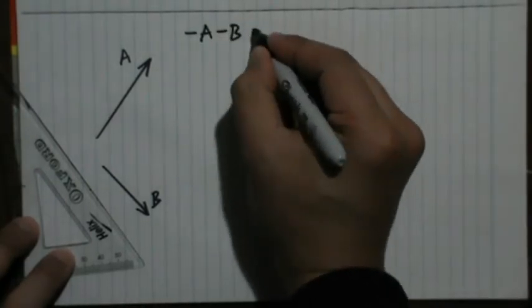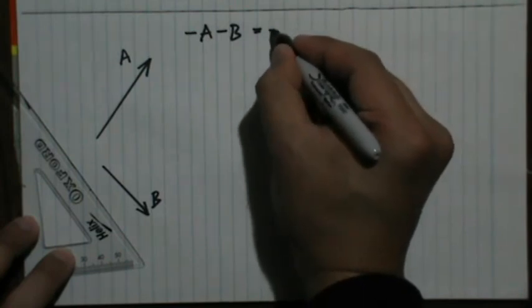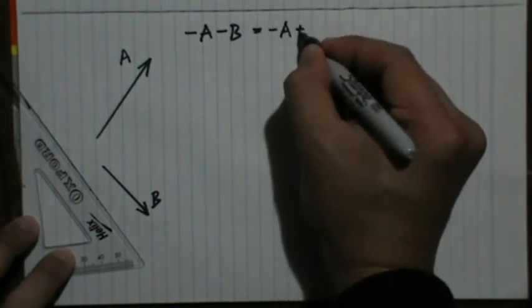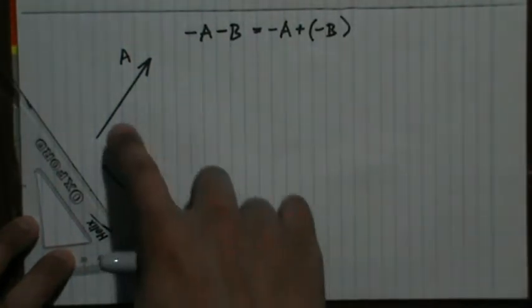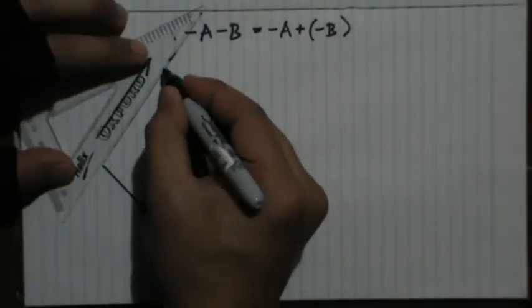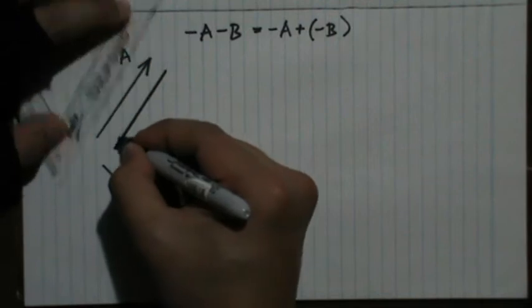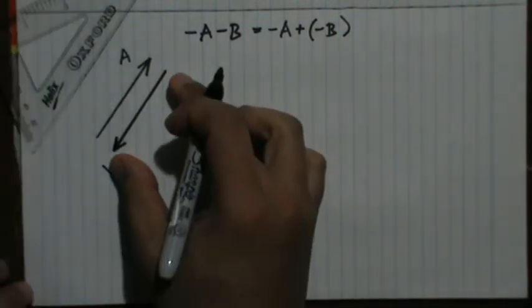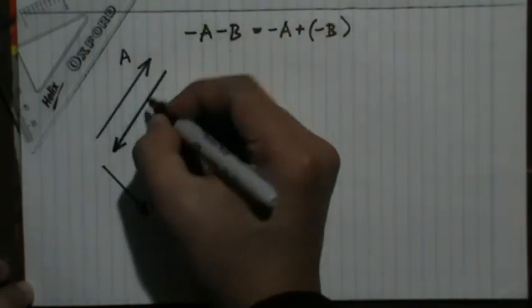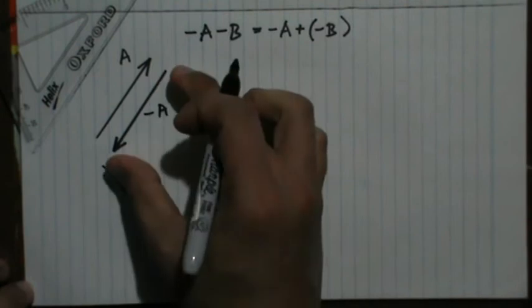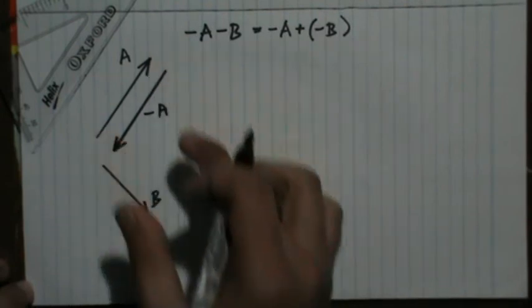Now let's do minus a minus b. And you already know that this is the same as minus a plus minus b. So if we have two vectors a and b like this, first let's draw the minus a vector. So minus a vector is just a vector that has an opposite direction from vector a, but the magnitude is the same.